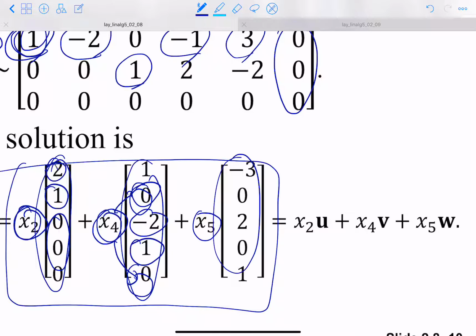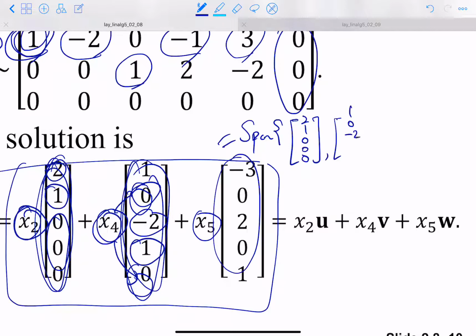And we can at least understand that it is represented as the span of these 3 vectors, right? So again, this is a subspace, and it is spanned by some vectors.